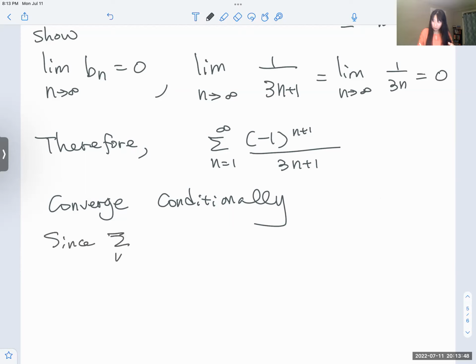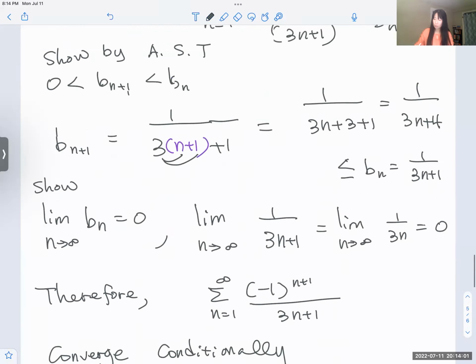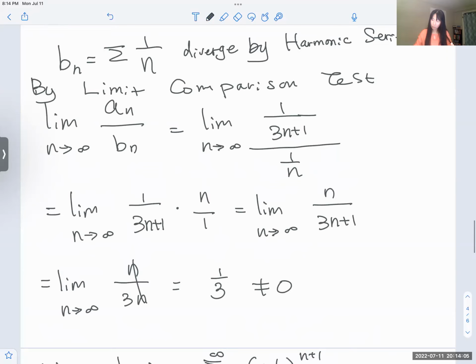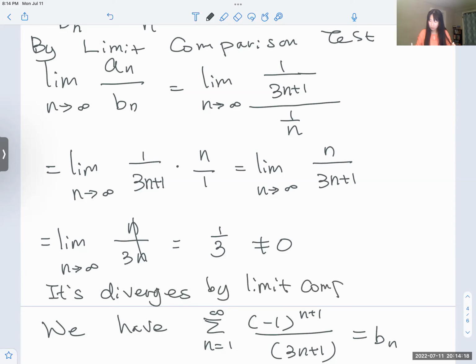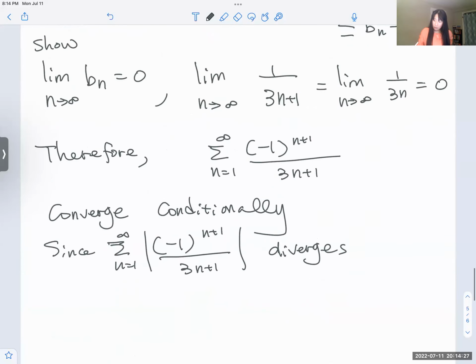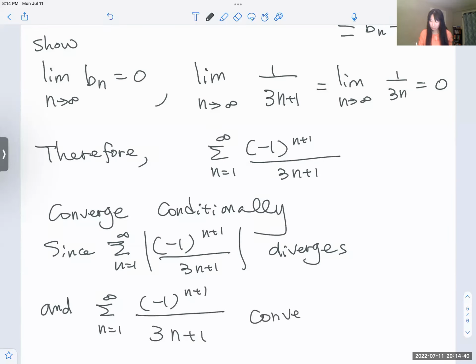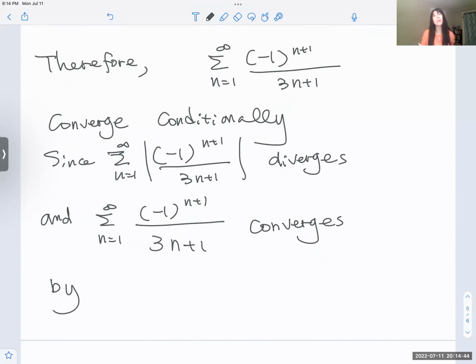Since we take the absolute value, it diverges by the limit comparison test, and the original series converges by the alternating series test.